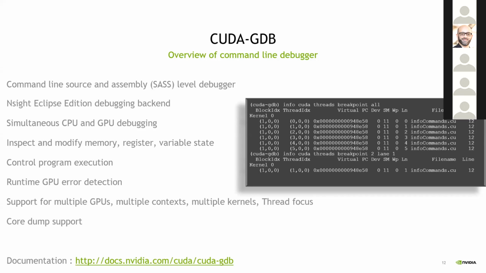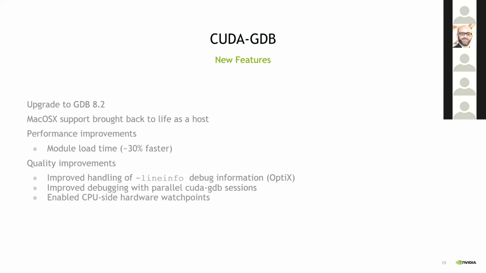Support for multiple GPUs, multiple contexts and multiple kernels is provided, and you can also focus on single threads. New features since CUDA 11 are the upgrade to GDB 8.2. We also provide macOS support as a host system, not as a running system. There are many performance improvements: module loads are now 30% faster, and also quality improvements.